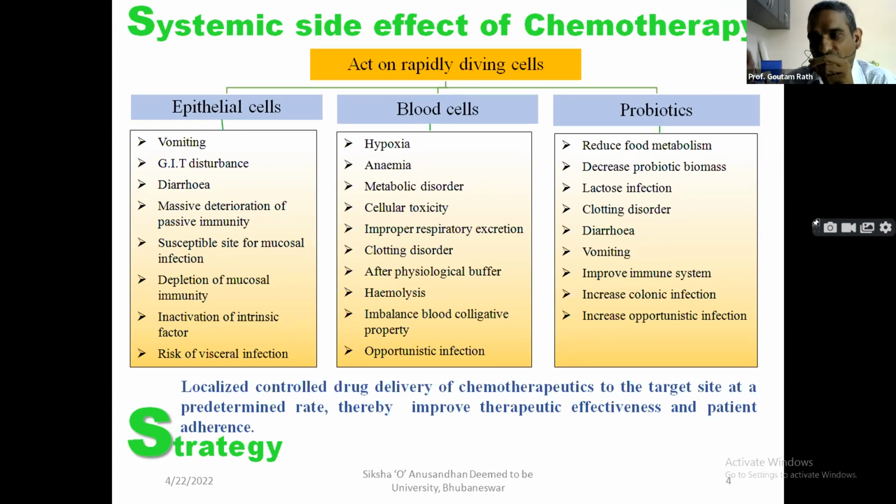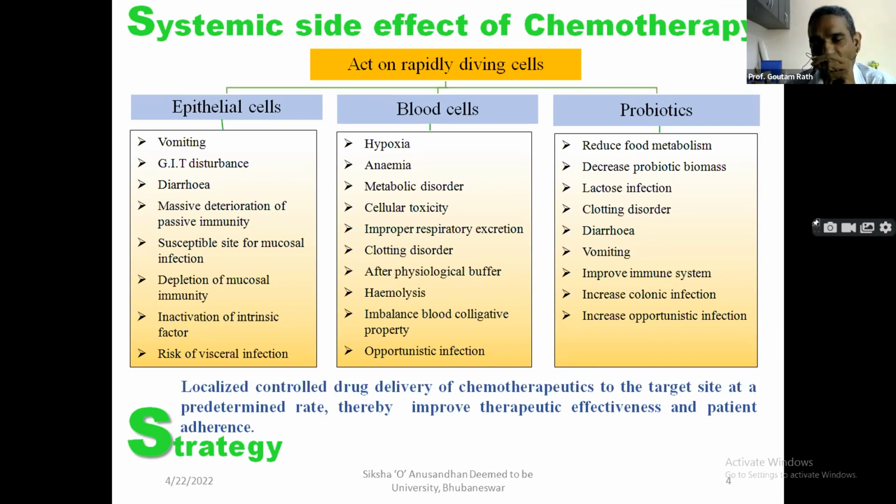Because in GIT, the mucosal lining and the epithelial lining are replenished after 21 days. That means the life of the mucosal lining of GIT is 21 days.